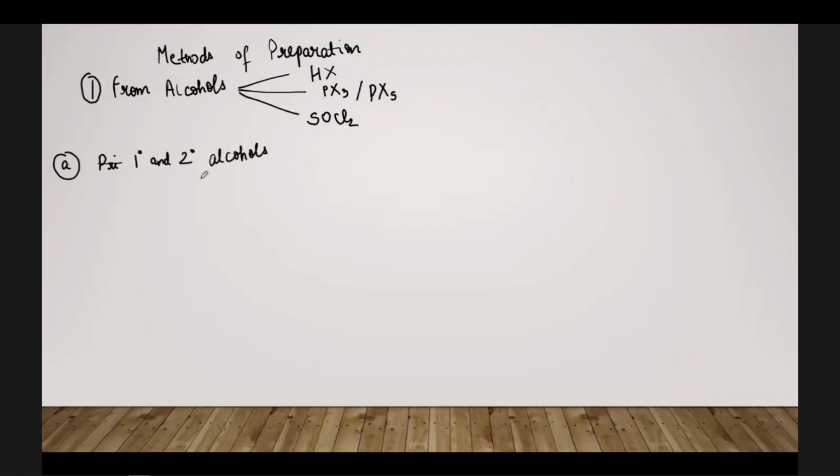Okay. So again, like in the previous lecture also we discussed 1 degree and 2 degree alcohols, meaning what? 1 degree alcohol is when the OH group is attached to some carbon and that carbon is itself a primary carbon. Primary carbon means it is attached with three species with a single bond. Okay, double bond does not exist there.